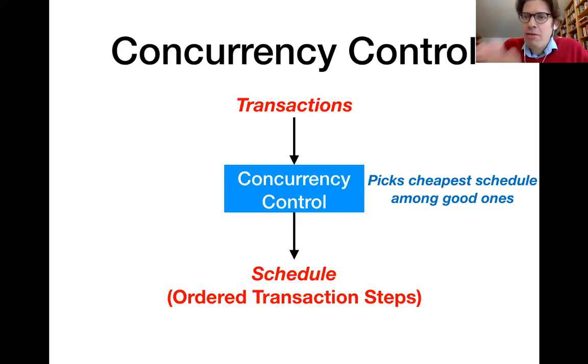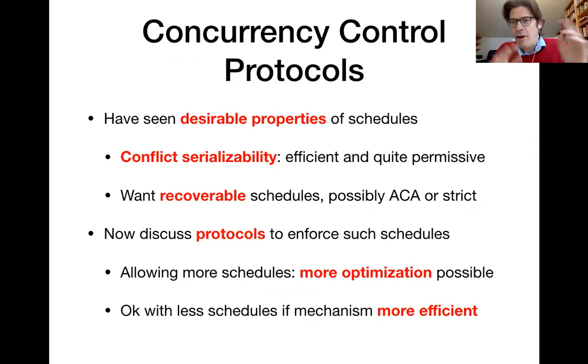So we want to find algorithms that can actually do concurrency control, and we're going to discuss one of the most popular ones today. So far, we have been mostly discussing what properties we want in one of those schedules. In particular, we have seen that conflict serializability is a good compromise, because if your schedule is conflict serializable, it means that those strange effects due to interleaving multiple transactions cannot occur.